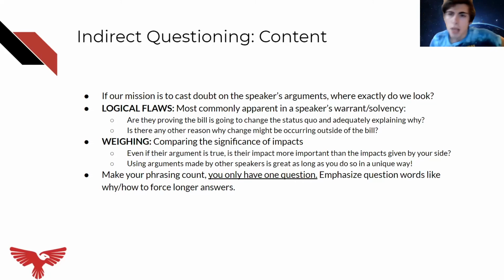Second, the next thing you want to consider, if we are thinking about logical flaws, is does the speaker showcase that there is no other reason why change might be occurring outside of the bill? Like we talked about, other than just proving that a bill is going to have an effect, you need to prove causality.